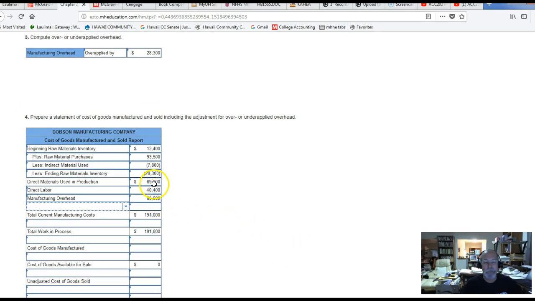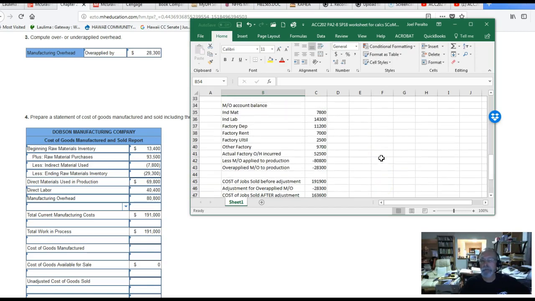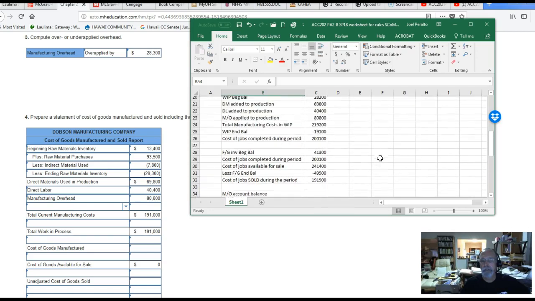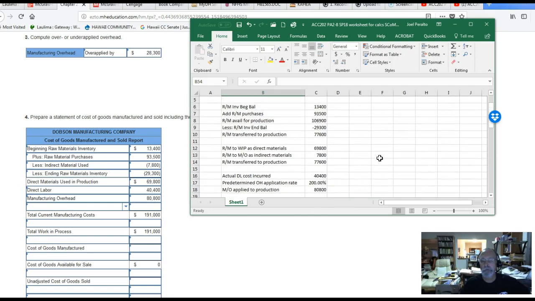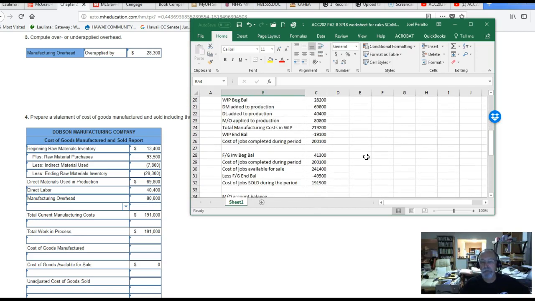So when we add direct materials used plus direct labor plus manufacturing overhead, if we go back to my calculation earlier on this Excel spreadsheet, what did I call it here?